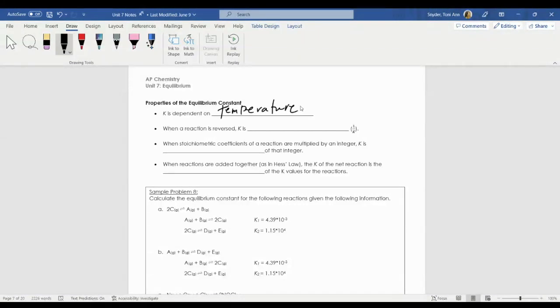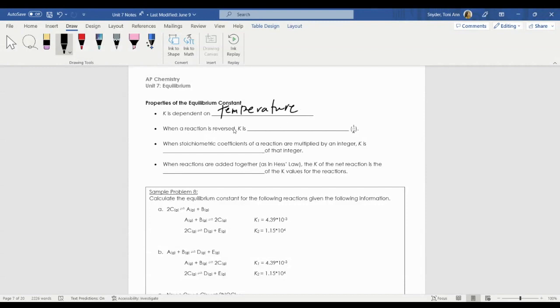You might remember in Chem 2 talking about endo and exothermic reactions. Depending on whether or not a reaction is endo or exothermic can affect the production of products. We're going to circle back to that after equilibrium. I wanted to do this first, but I did want to reiterate that your equilibrium constant is in fact dependent on temperature.